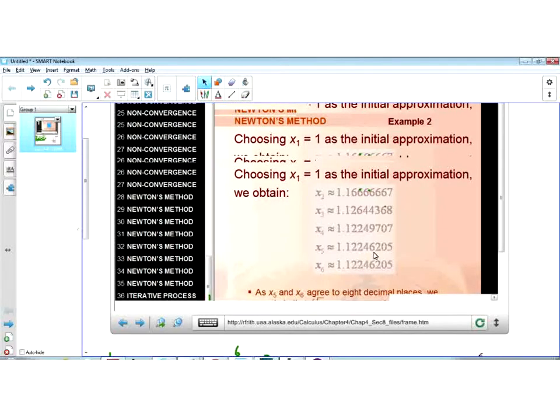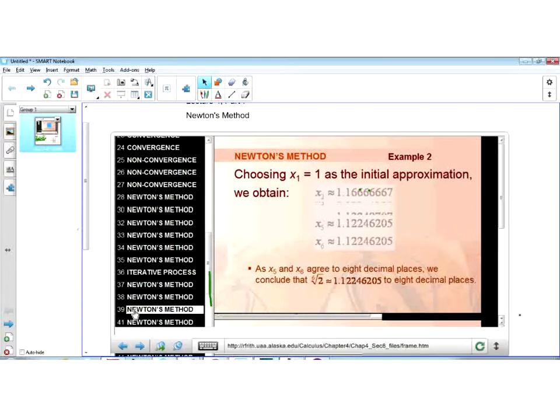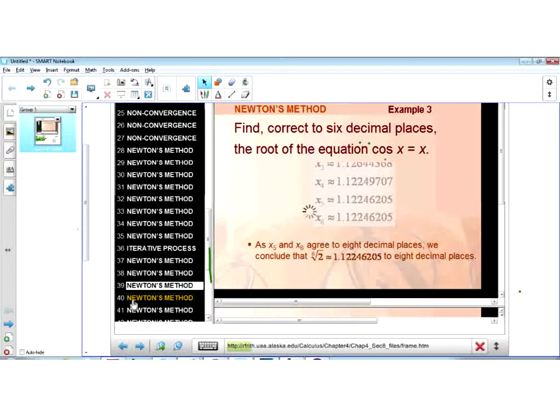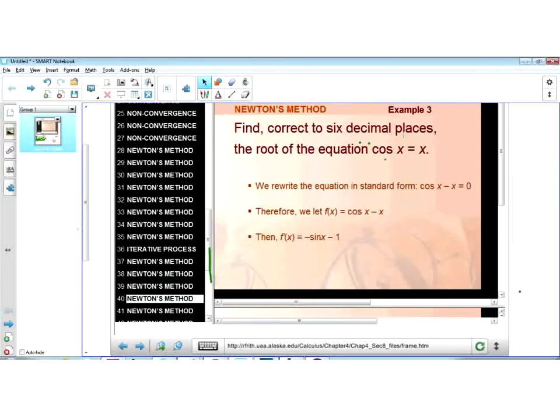All right, so slide 40. Correct to 6 decimal places the root of the equation cosine x equals x. So reformulate the expression into an f of x style. So f of x is equal to cosine x minus x.